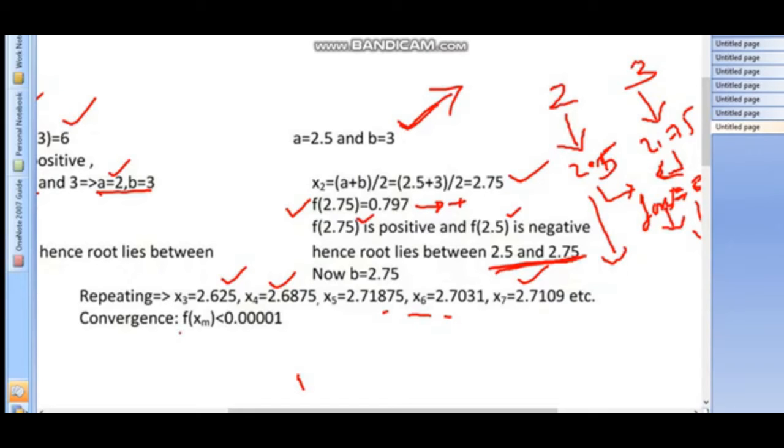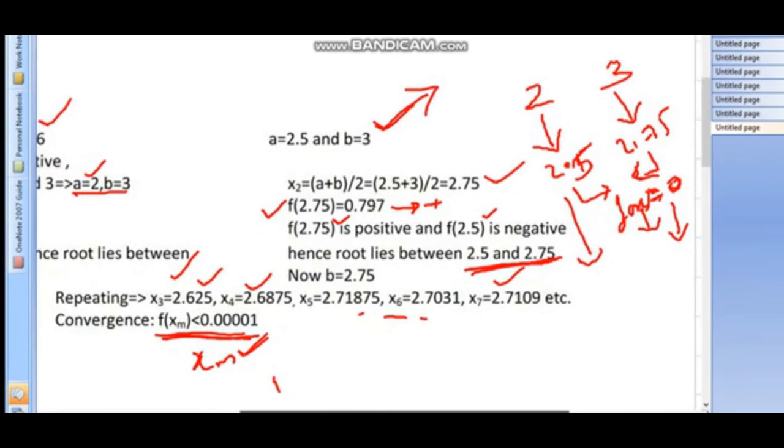And you put the condition f of xm less than 0.00001. If at any of these steps you get this condition, f of xm less than 0.00001, then this xm will be your final solution, where f of x is almost equal to 0. So that is the bisection method.